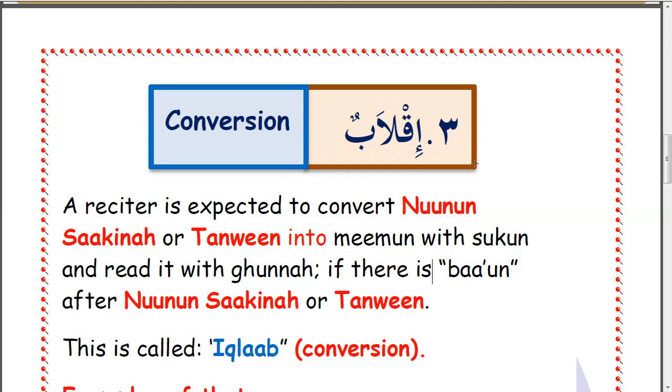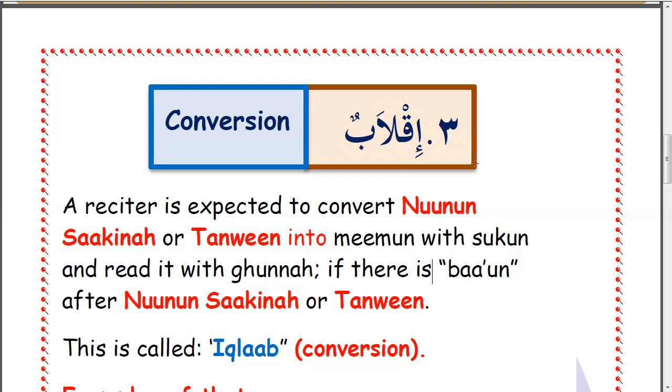It means to convert, to substitute, to make a replacement, to change. When you replace Nun Sakina with Mim Sakina, you replace Nun carrying Sukun with Mim carrying Sukun. That is called Iqlaab in Tajweed.